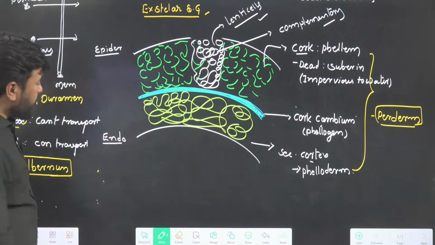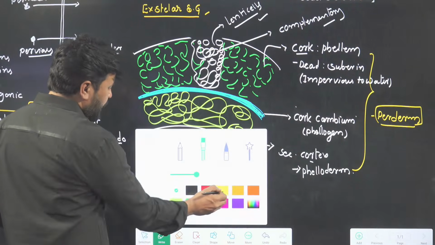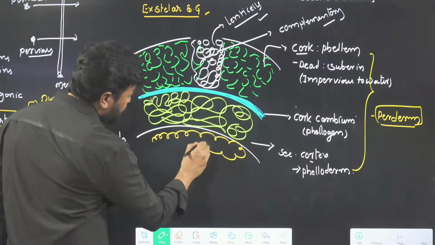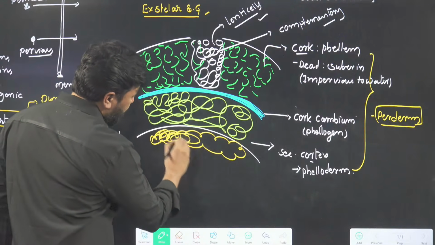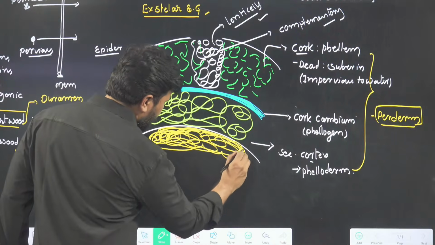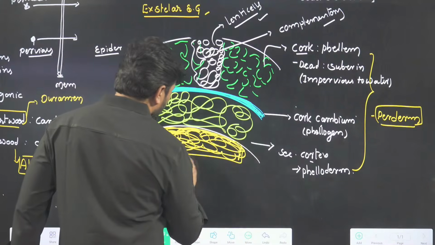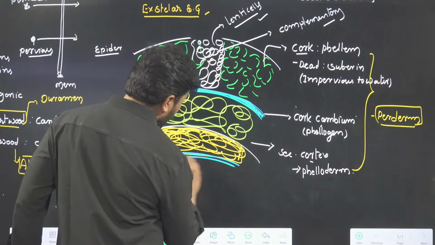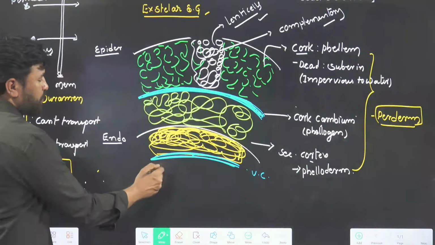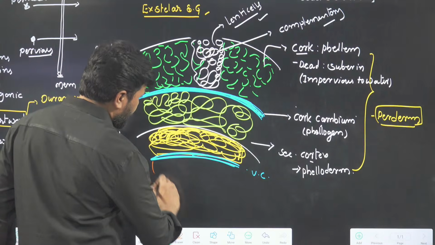Now, one more layer of cells you have to notice, that is secondary phloem. If you come below the endodermis, you will get one layer. That layer has been formed by the vascular cambium. This is the vascular cambium. Below the vascular cambium you will find the secondary xylem.